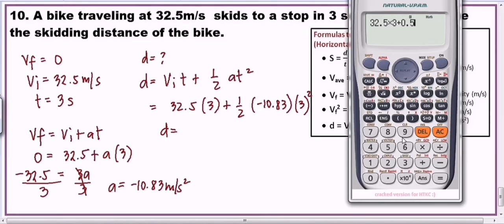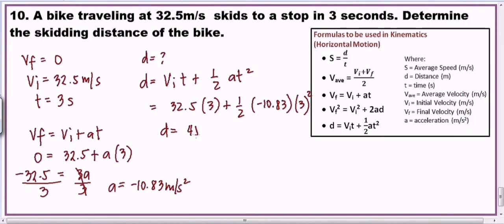So gagawin kong 0.5 times negative 10.83 times 3 squared. Ayan. So the answer is 48.765, or 48.77. Okay, since distance to, that is meter. So the final answer is 48.77 meter. So that's it for the horizontal motion.